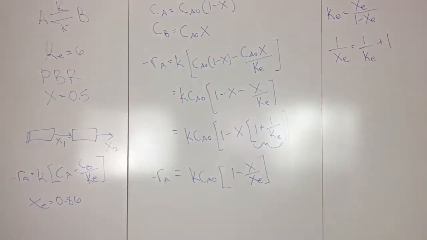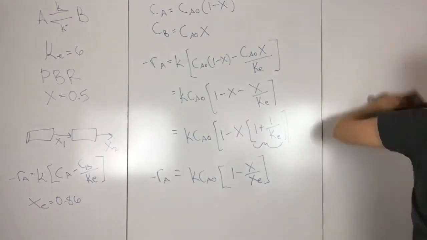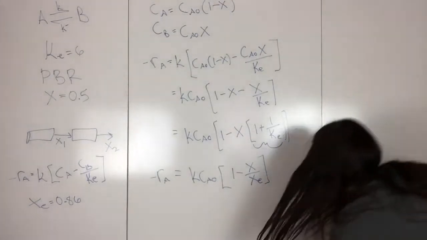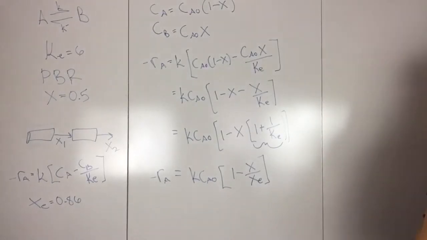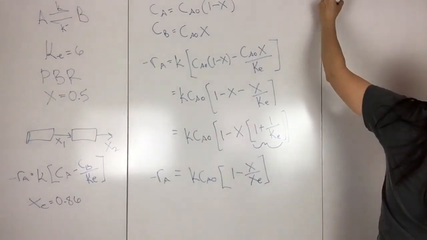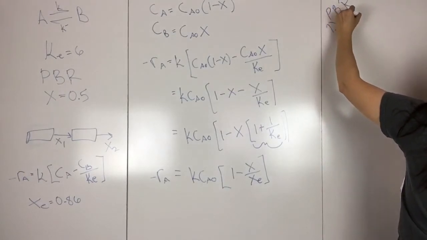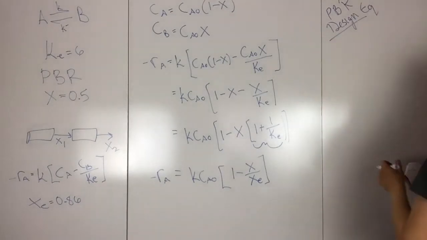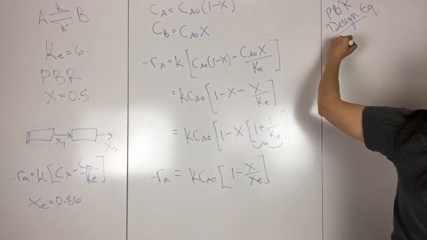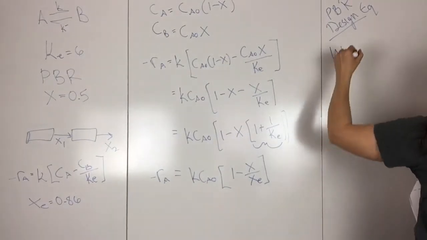So from here we can write down the design equation for a PBR. And it is W, because remember, for a PBR we're interested in the weight instead of the volume.